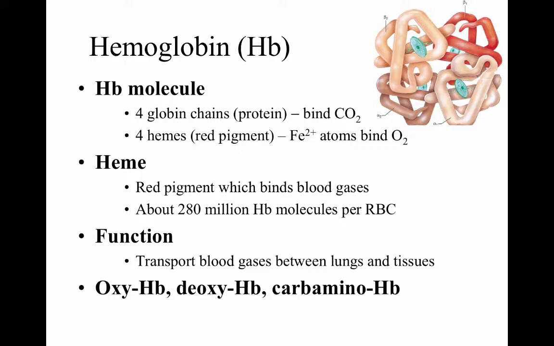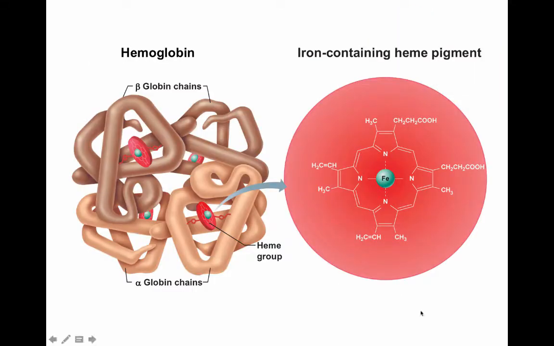Some of the other components that we see in the mix are oxyhemoglobin, deoxyhemoglobin, and carbaminohemoglobin, depending on what state the hemoglobin is in in terms of the gases that it's carrying. Hemoglobin has a beta globin chain and an alpha globin chain, just protein structures that are very specific to hemoglobin.